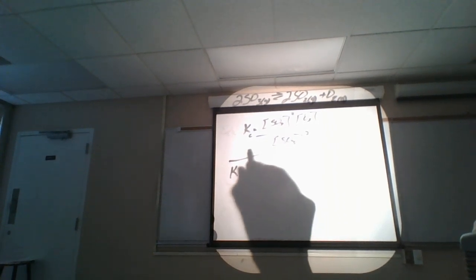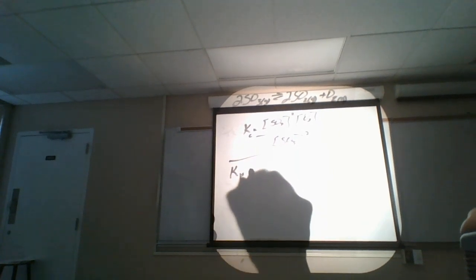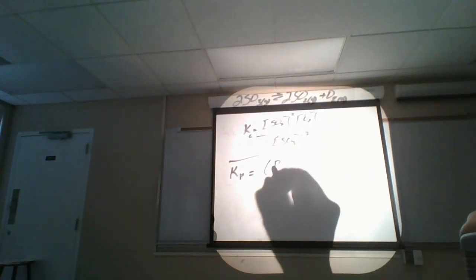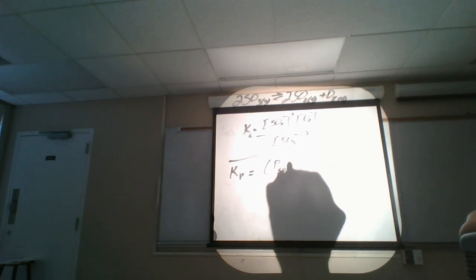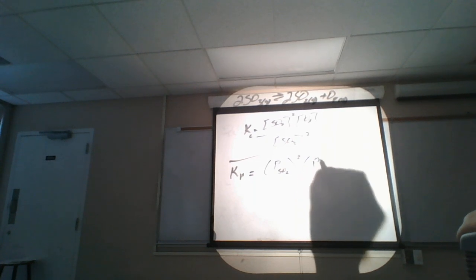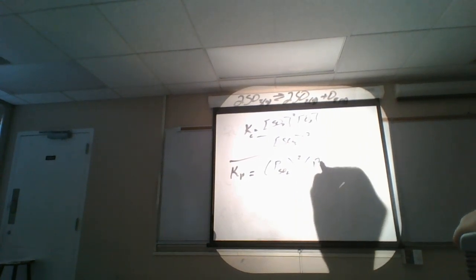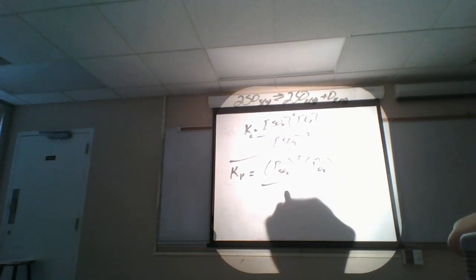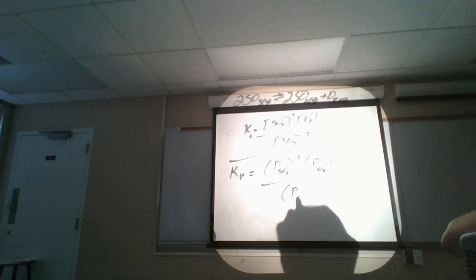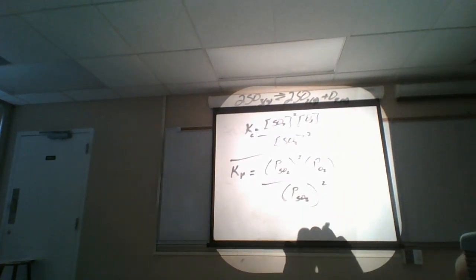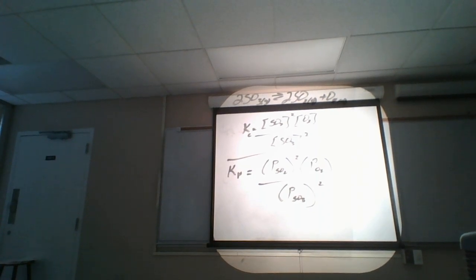I could write this same expression as a Kp expression by saying it's the partial pressure of SO2 gas squared times partial pressure in atmospheres of O2 gas, divided by partial pressure of SO3 gas squared. These are partial pressures in atmospheres.